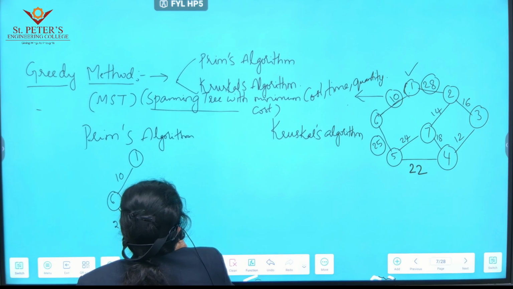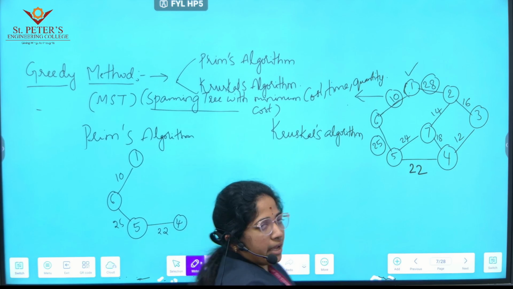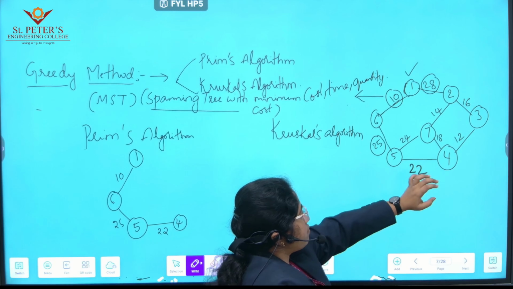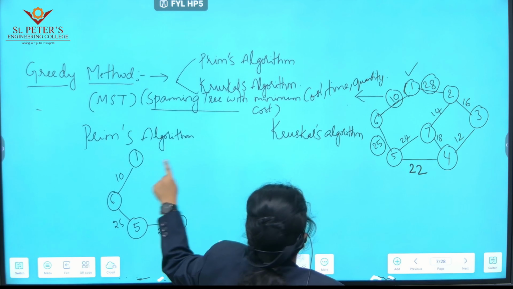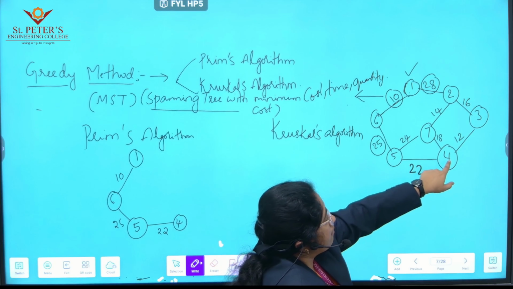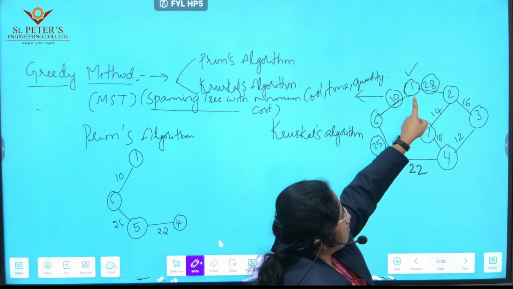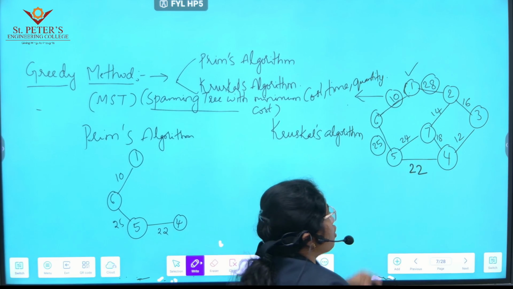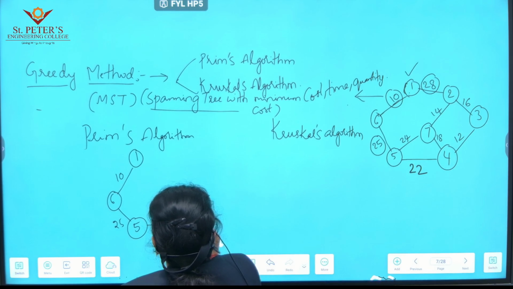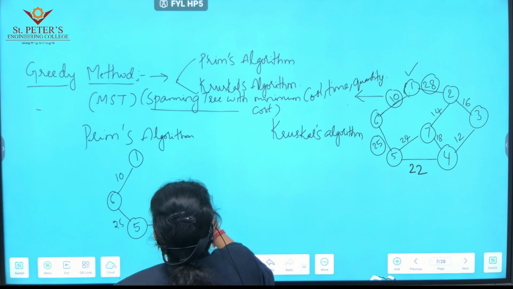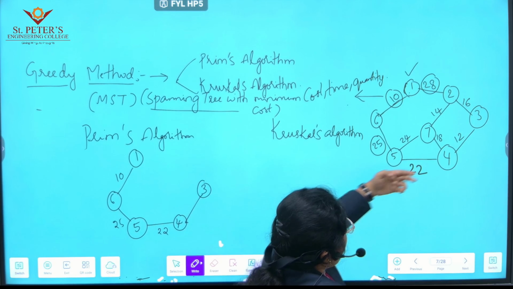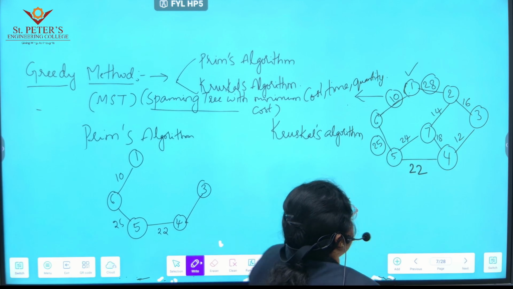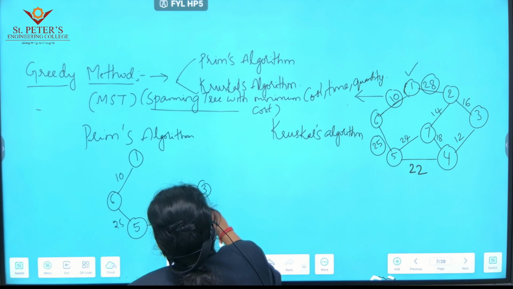This is 22. Next we compare again from vertex 4 and vertex 1, which has the least cost. Vertex 4 has 12 and vertex 1 has 28. Comparing 12 and 28, 12 is lesser, so I'm picking vertex 3 with the cost 12.